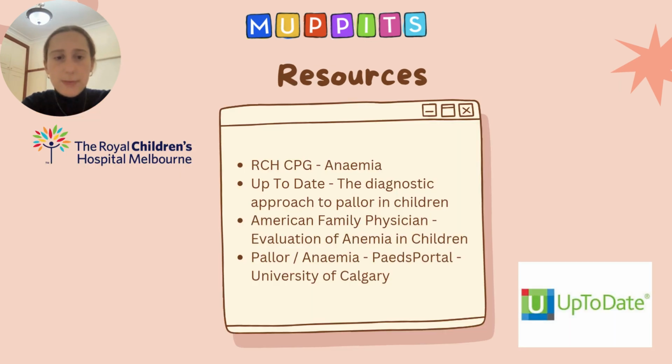So that pretty much wraps up all of the content. In terms of the resources I used to put together this presentation, obviously, as I'm sure you guys are very, very, very aware by now, the Royal Children's Hospital clinical practice guidelines are great. There's one on anemia.